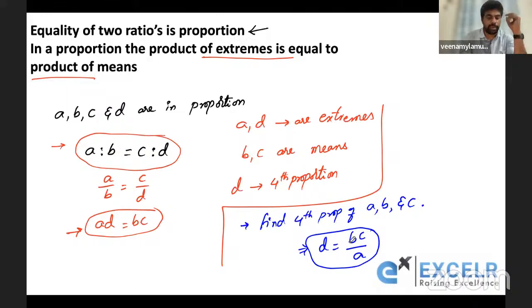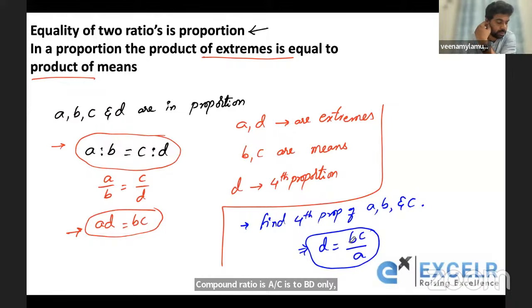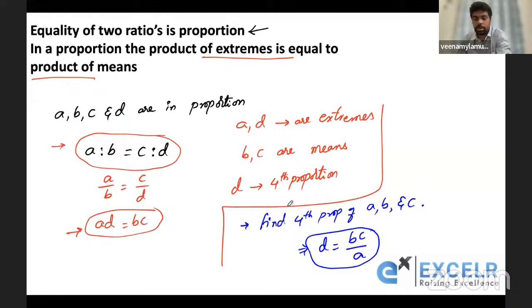Find third proportion means what you will do? Compound ratio is AC is to BD only, not AD is to BC. Okay. Third proportion means, no, so we'll think that it is AD by BC, no?